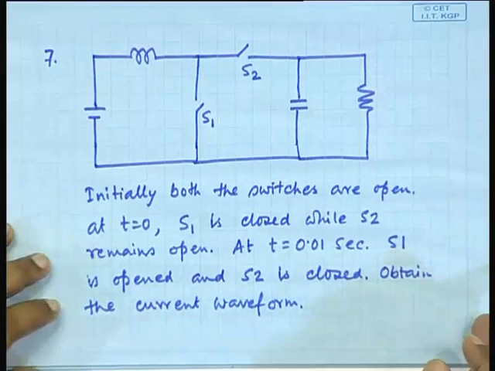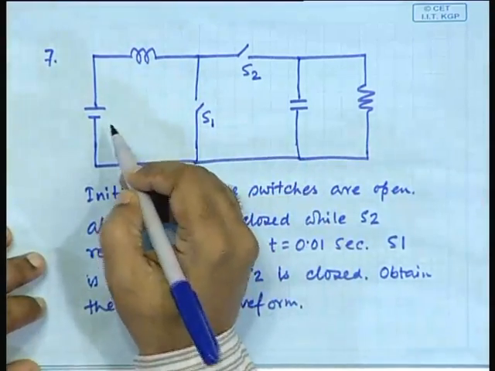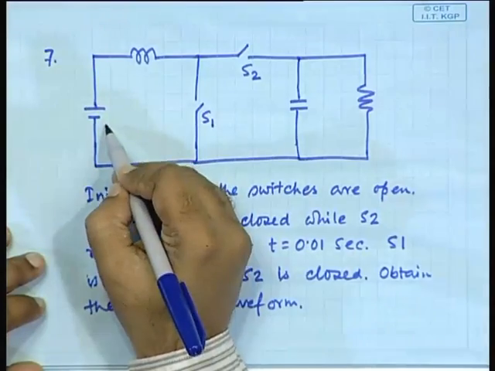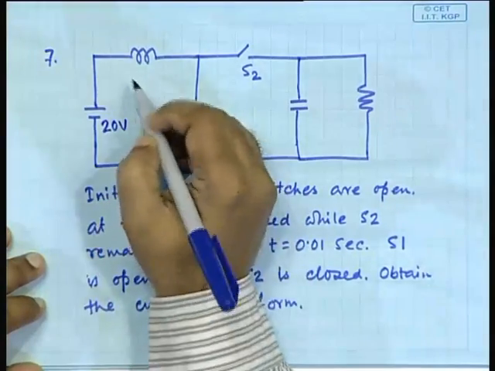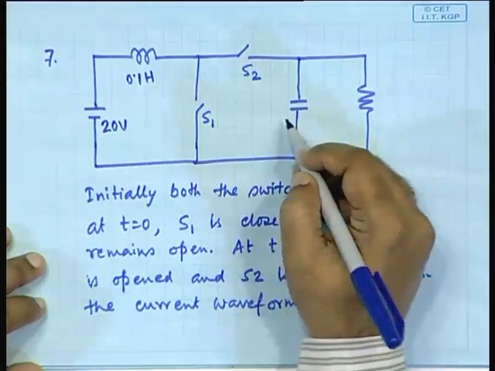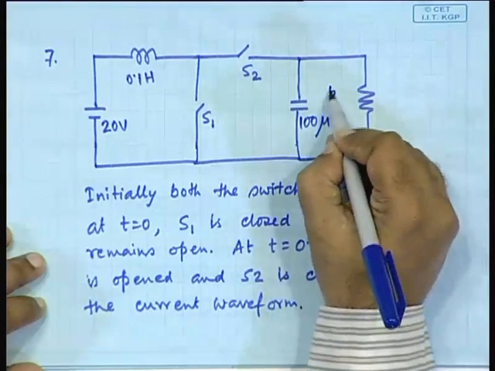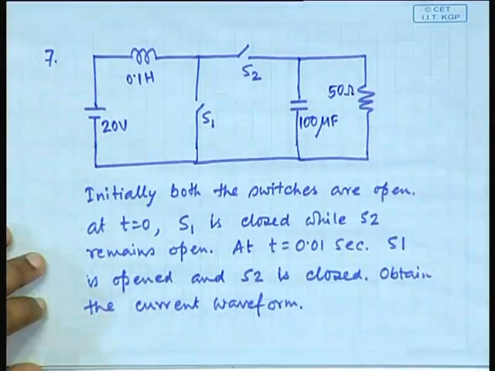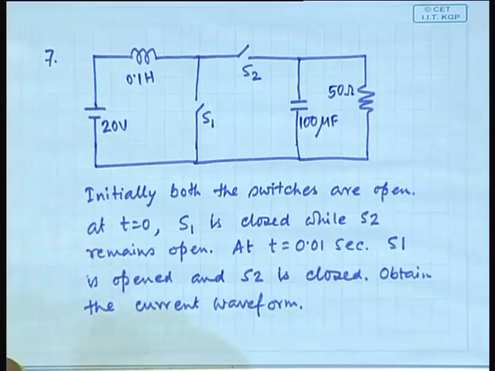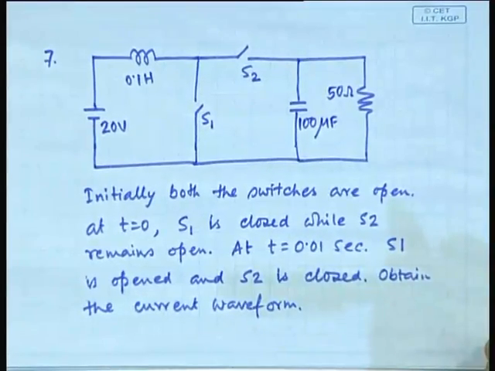Clear? So, let us have some values, just check if it will give an oscillatory solution, because I want you to do it for the oscillatory one. Suppose this is 20 volt, this is 0.1 Henry, this is 100 microfarad, and this is 50 ohm. Check it. I am not very sure if I give these numbers it will be oscillatory, but nevertheless do it. Okay, have you noted?